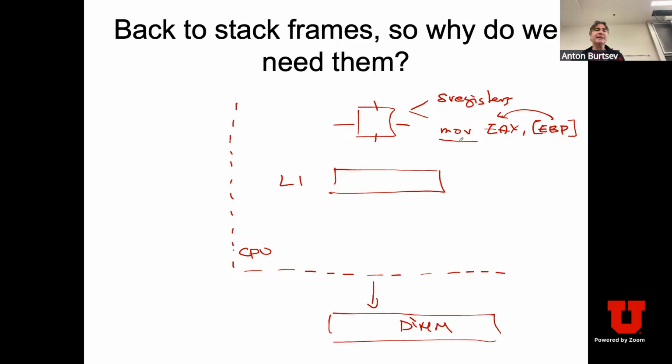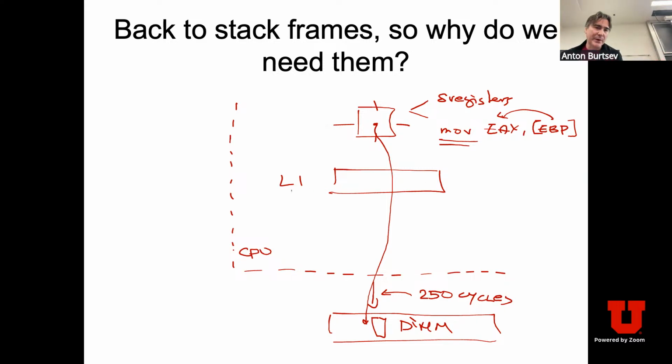If you just blindly allow every move instruction to go and touch memory, that will take quite a bit of cycles, because this link to memory is roughly 250 cycles on modern machines, and I will provide you later a link to literature which measures those cycles. So if every instruction which goes to memory touches memory, then you're stuck, because your CPU doesn't do anything for 250 cycles, right?